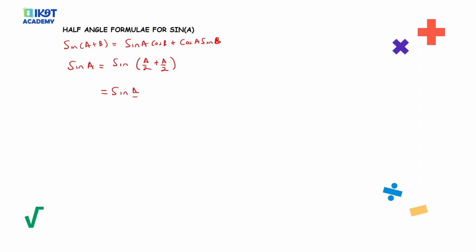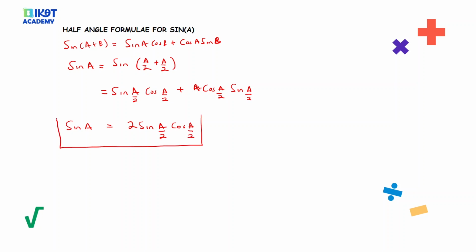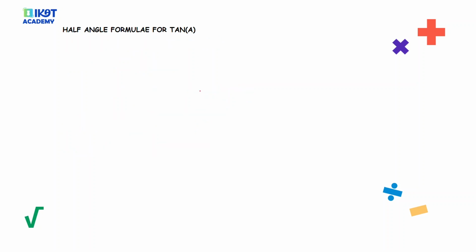So this becomes sine A/2 cos A/2 plus cos A/2 sine A/2. So we have sine A is going to be 2 sine A/2 cos A/2. So this is the half angle formula for sine A.